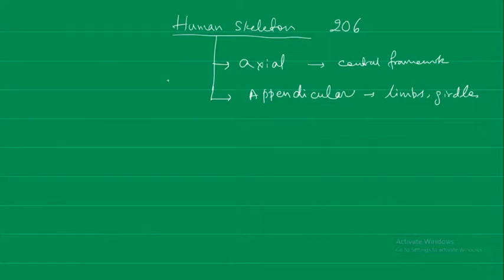The axial skeleton consists of the skull, the vertebral column, ribs and sternum. These are the important parts of the axial skeleton.